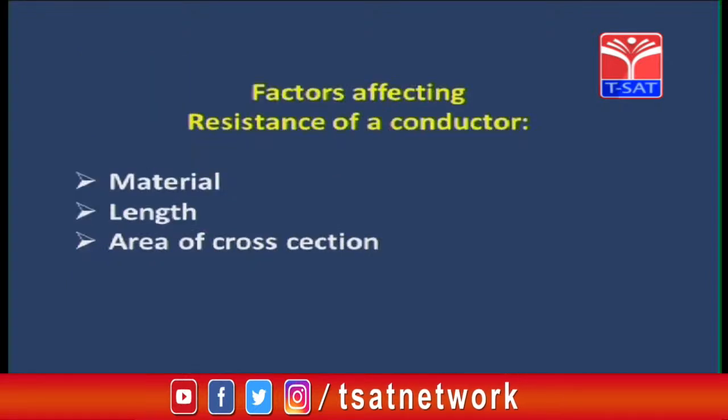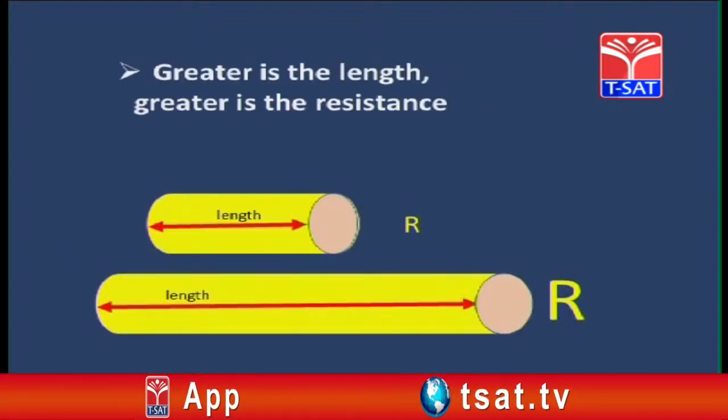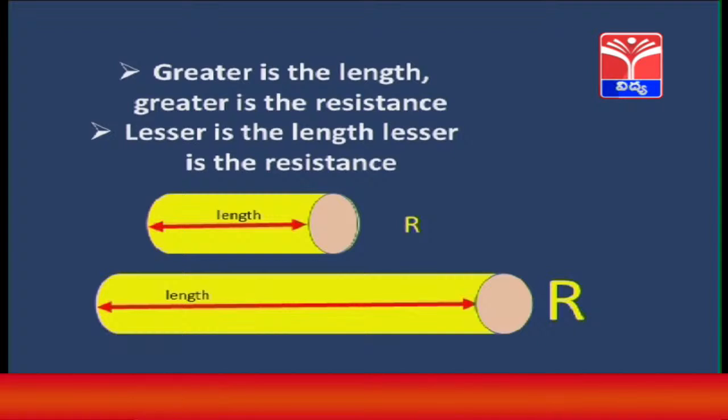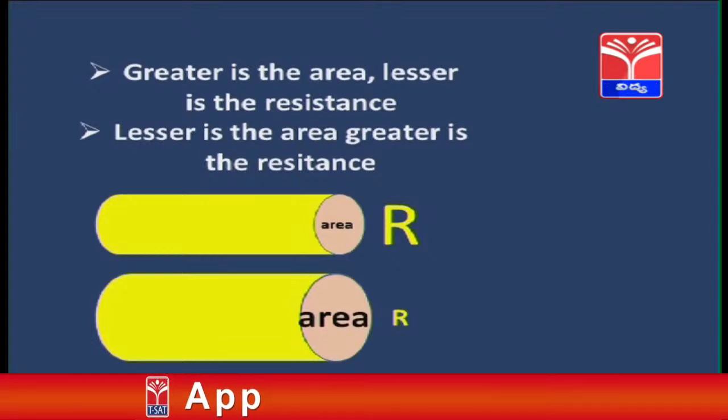Factors affecting resistance: the resistance of a conductor depends on material, length and area of cross section. Greater is the length, greater is the resistance. Lesser is the length, lesser is the resistance of a conductor. Greater is the area, lesser is the resistance, and lesser is the area of cross section, greater is the resistance.